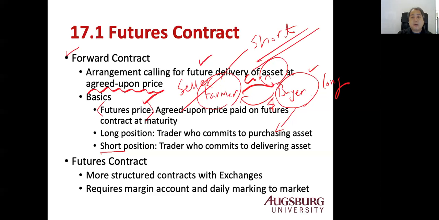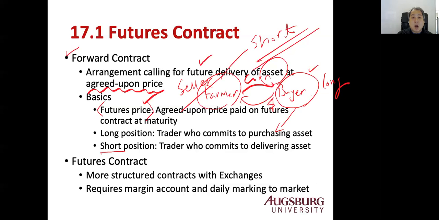So this is fairly simple. They basically agree on the price and the delivery date in the future of any asset. It doesn't have to be a physical asset or agricultural goods, any asset, and it is a commitment. They should follow this commitment. They should keep the promise.